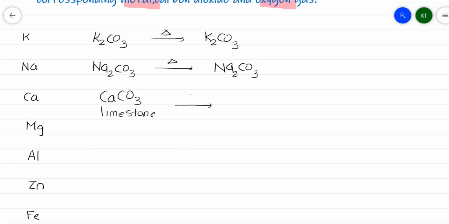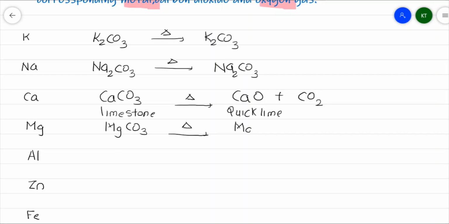When I heat this, I get calcium oxide plus carbon dioxide. Calcium oxide, as we know, is called quicklime. Then I have magnesium carbonate, MgCO3. If I heat it, I get MgO plus CO2.